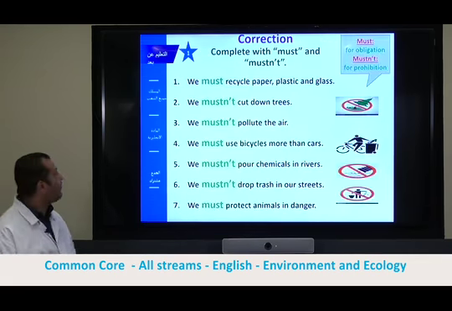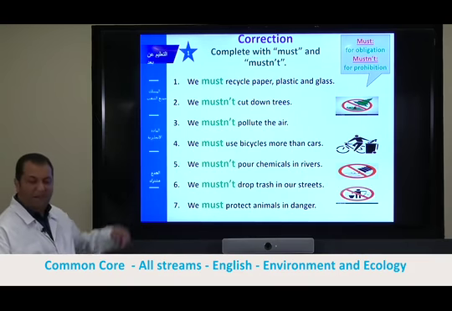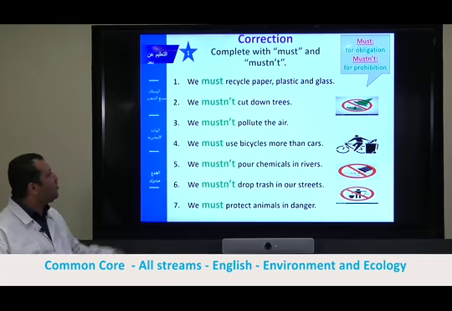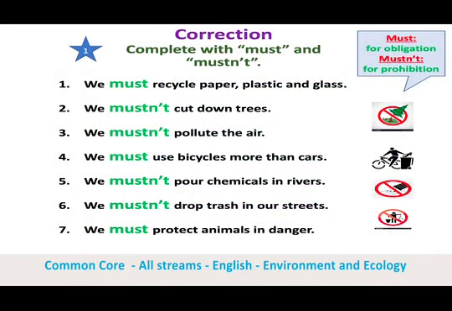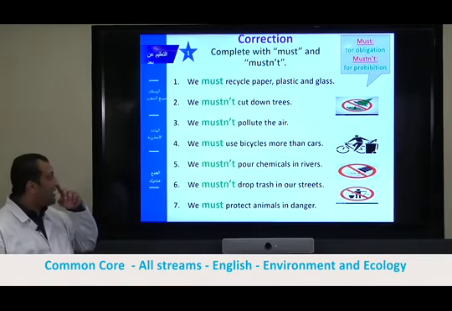Let's correct. Number 1, we must. We are obliged. We must recycle paper, plastic and glass, for environmental reasons, for economic reasons, we must. It's become an obligation for us to recycle, to reuse paper, plastic and glass.